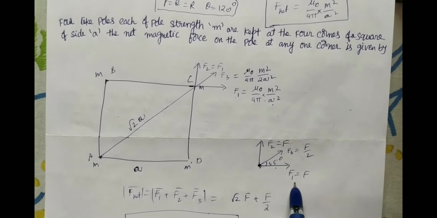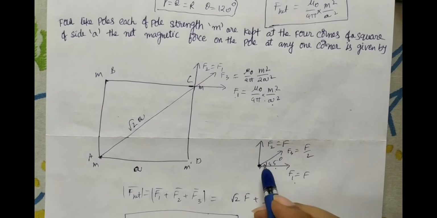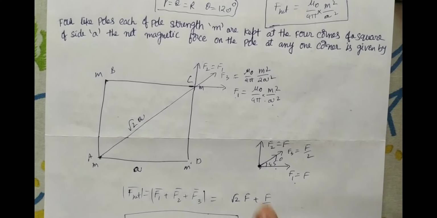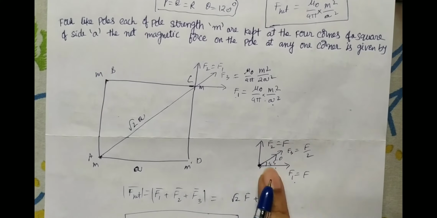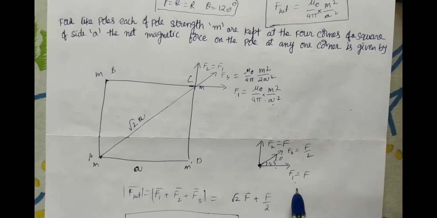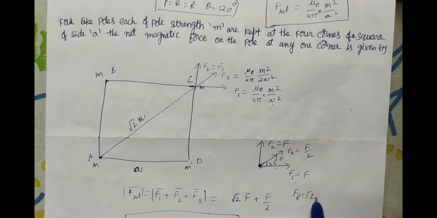We know F1 and F2 are both equal, so the resultant of these two also acts along the F3 direction. What is the resultant of F1 and F2? Two equal forces, each of magnitude F, perpendicular to each other, give a resultant force of root 2 F.